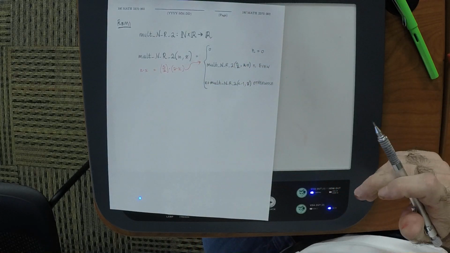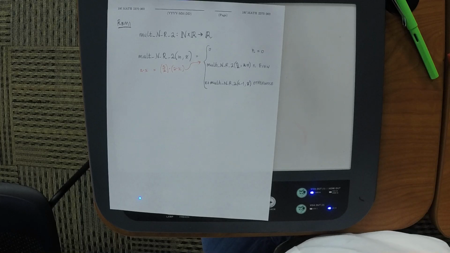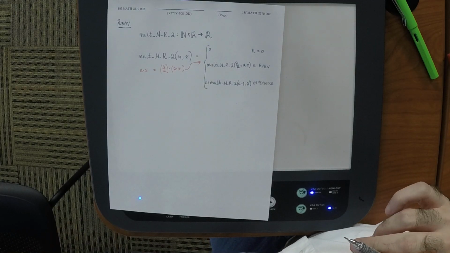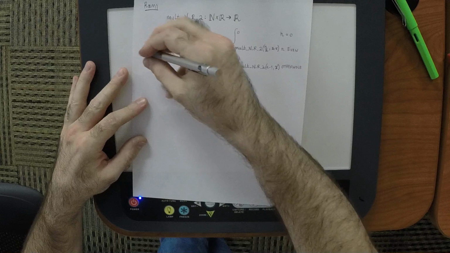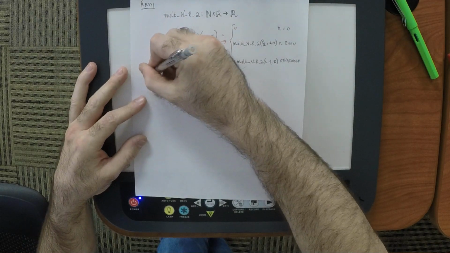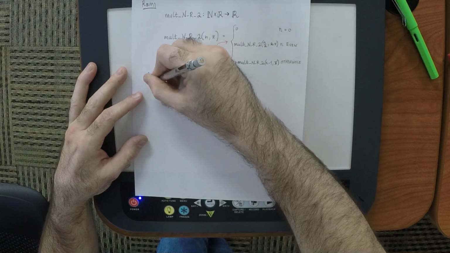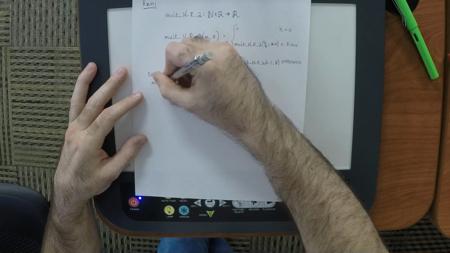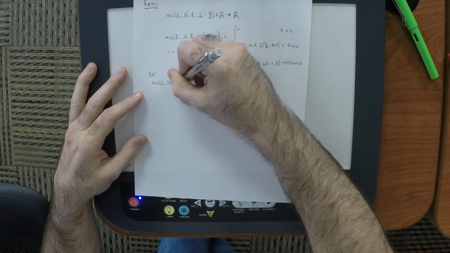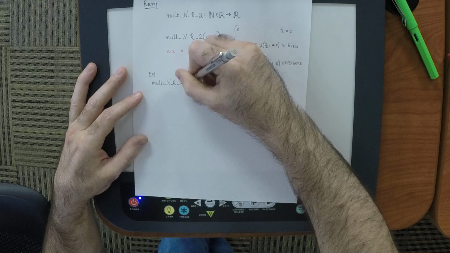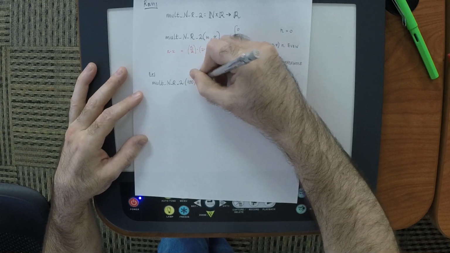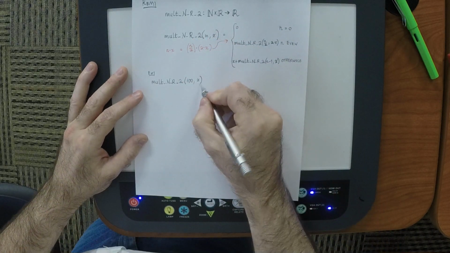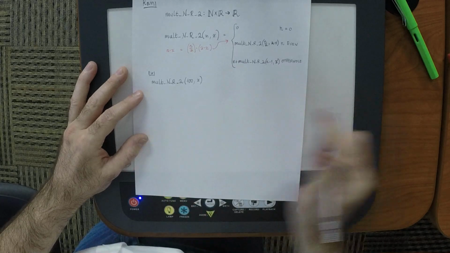All right. So let's see how it works. So for example, I'll evaluate mult in R2 of 100, and I'll just write x to keep it abstract.